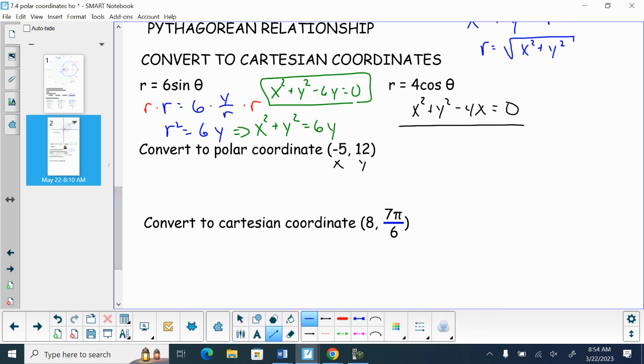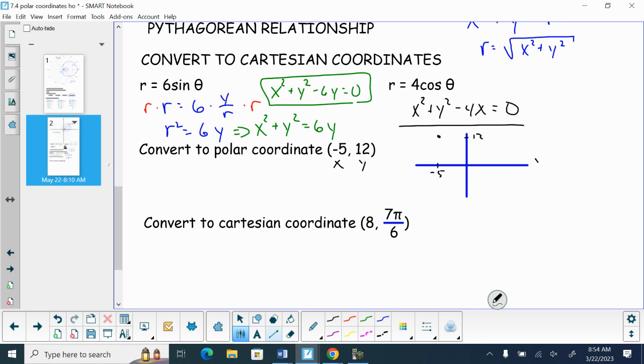So if I look at my ordered pair here, x is negative 5, y is 12. What we need to convert this into is r's and thetas. So I need to know what is my distance r and what is this angle of rotation theta.